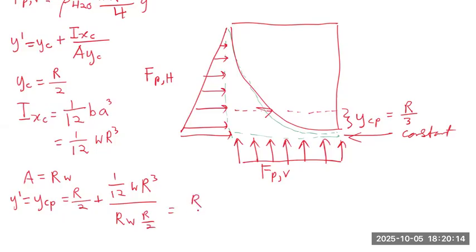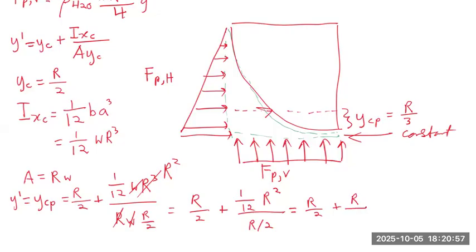This is going to be R over 2 plus, we're left with R squared, and the W's cancel out. 1 over 12 R squared over R over 2 is equal to R over 2 plus 1 over 6, or R over 6.